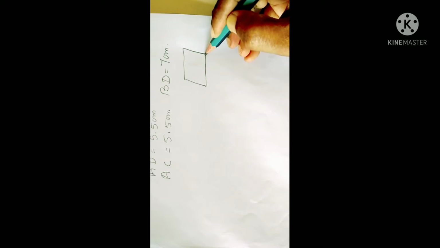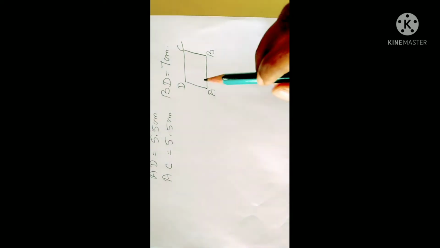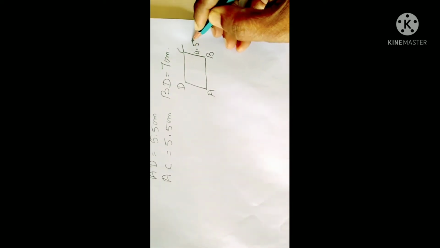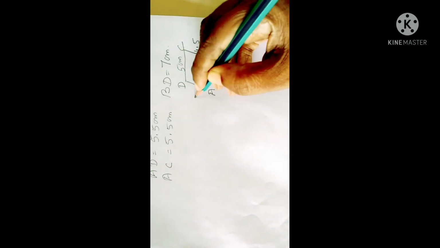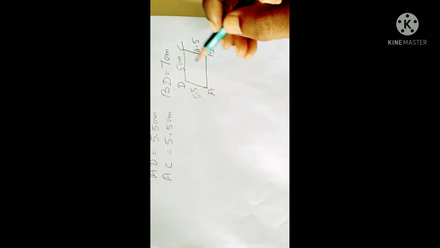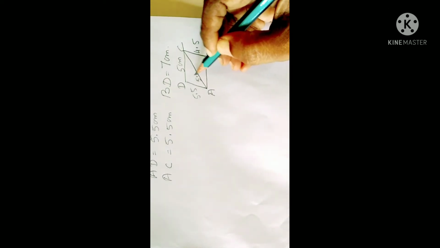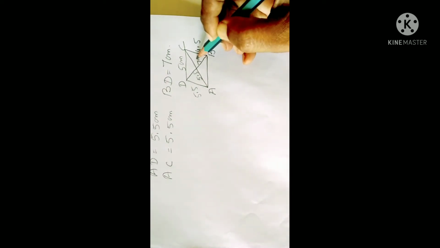This is the quadrilateral A, B, C, D. Now AB is not given, so BC is 4.5, CD is 5 centimeter, AD is 5.5, and then AC is the diagonal, that is also 5.5, and the next diagonal BD is 7 centimeter. So this is your rough diagram.